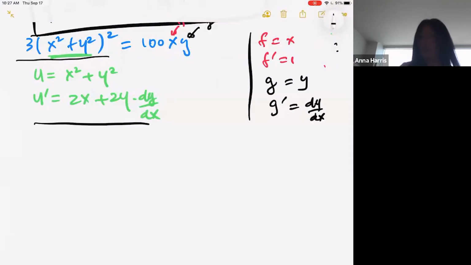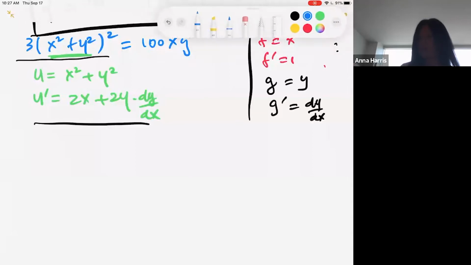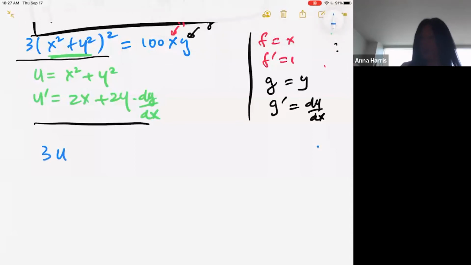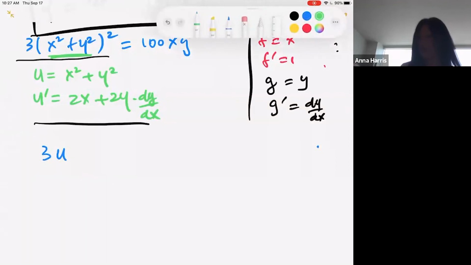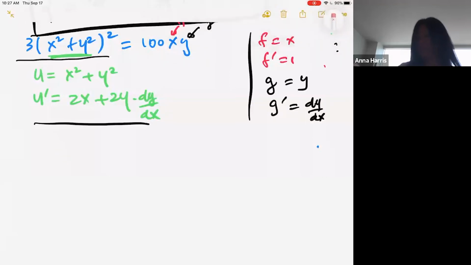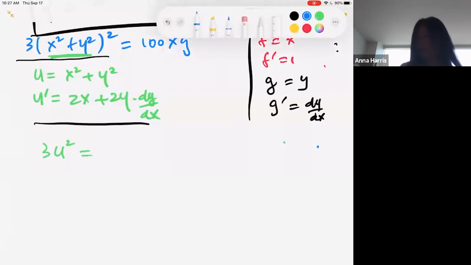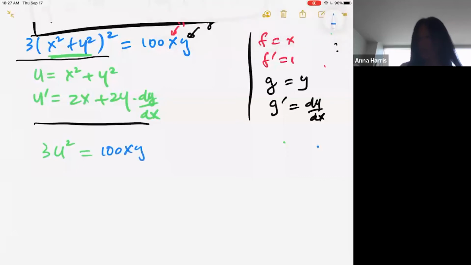Now I'm going to rewrite this problem. This problem becomes 3u squared, in green because u is green, equal to 100xy.